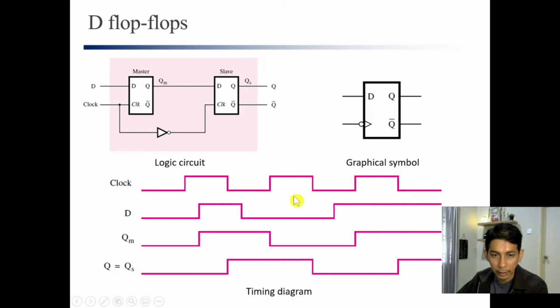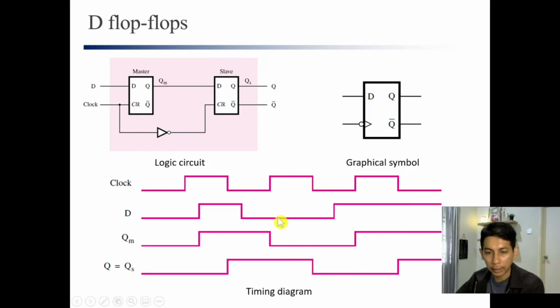Here the clock is already active for the latch, but the flip-flop will look at this edge only. That's why the signal is not going down here. Although D is going down already, Q still remains the same until the negative edge here, and then it goes down.